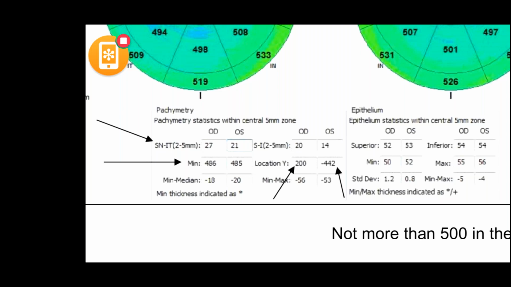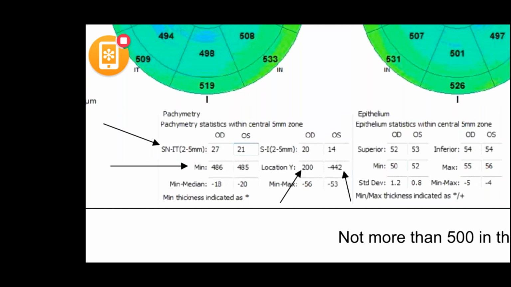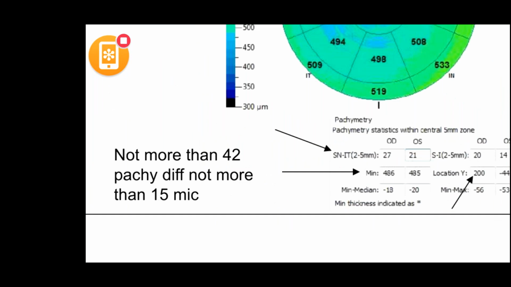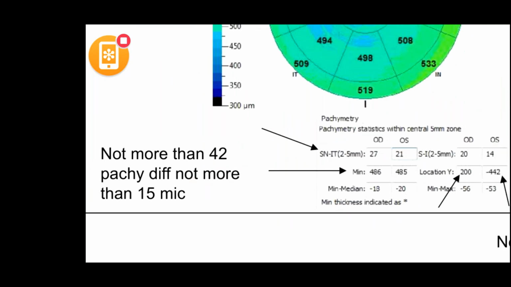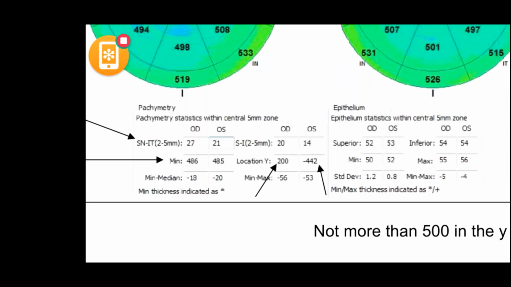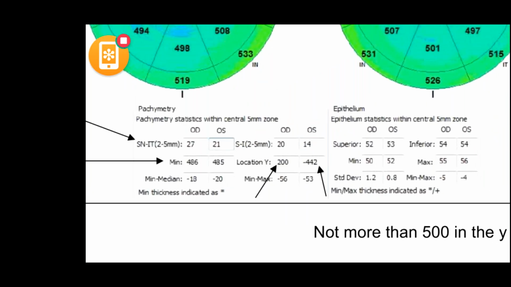But if there's a difference of more than 15 microns, then you have to be really suspicious. There's something going on in the thinner eye. So a superior nasal and inferior temporal difference of more than 42, or a pachymetric difference of more than 15 microns, is very significant.